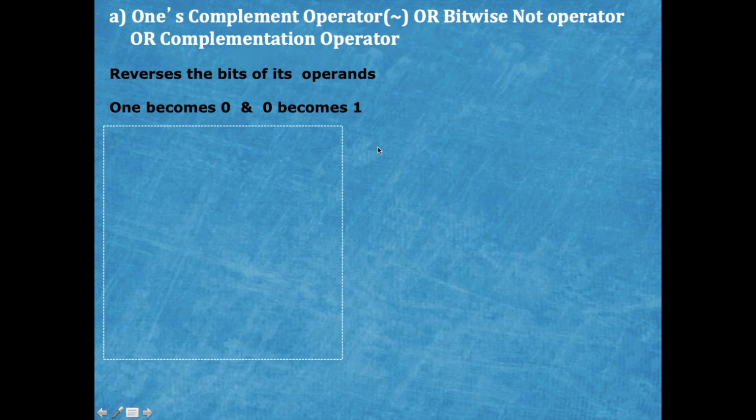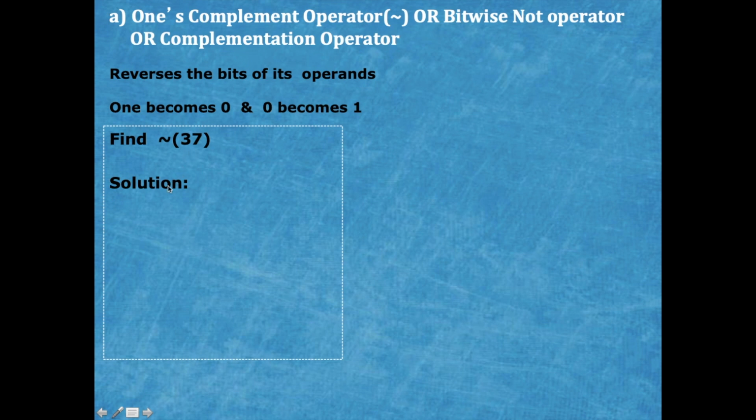To understand this, let's take one exercise question which says: find 1's complement of 37. If you're told to find 1's complement of 37, don't forget that this 1's complement operator is a bitwise operator, so it cannot act on 37 directly.